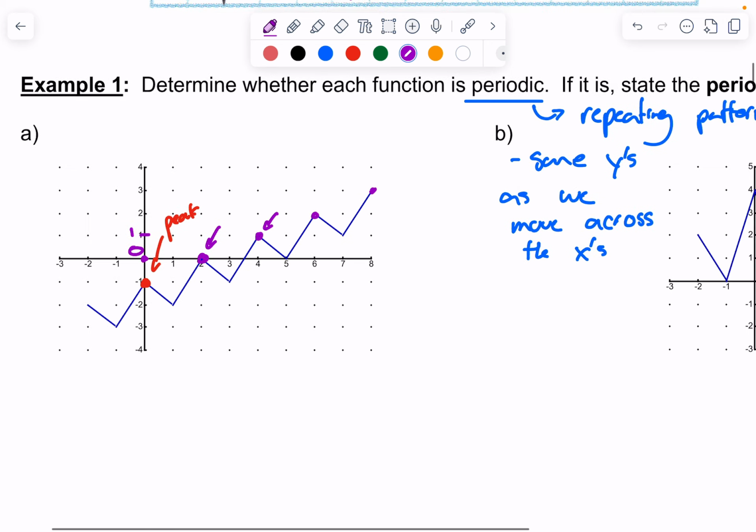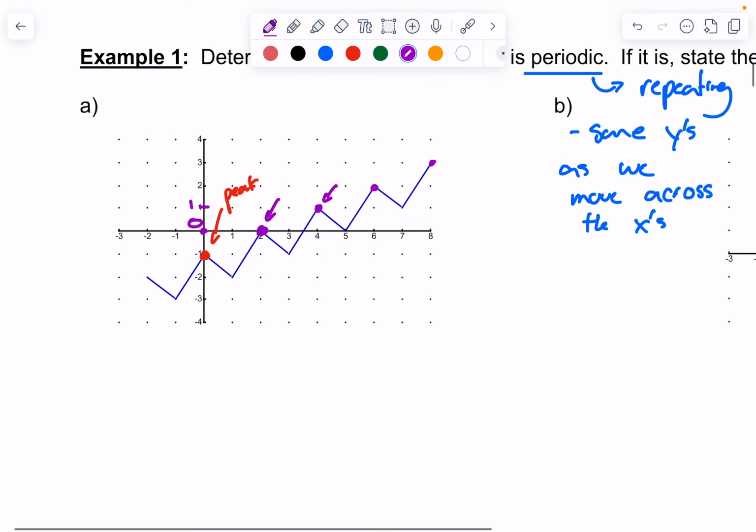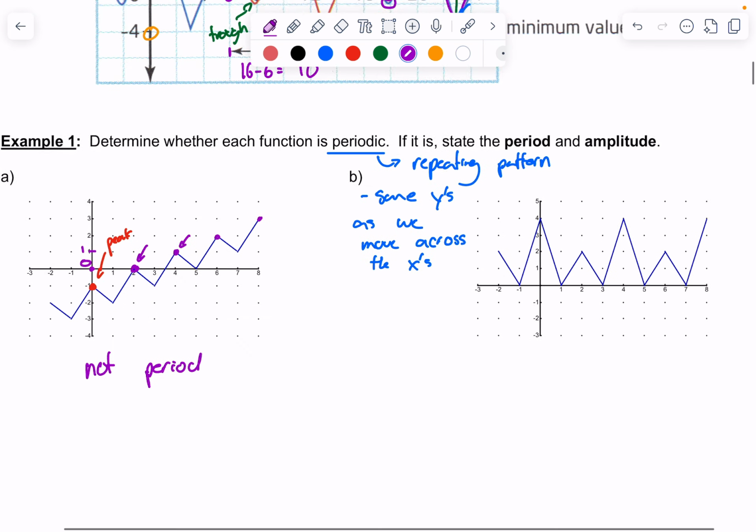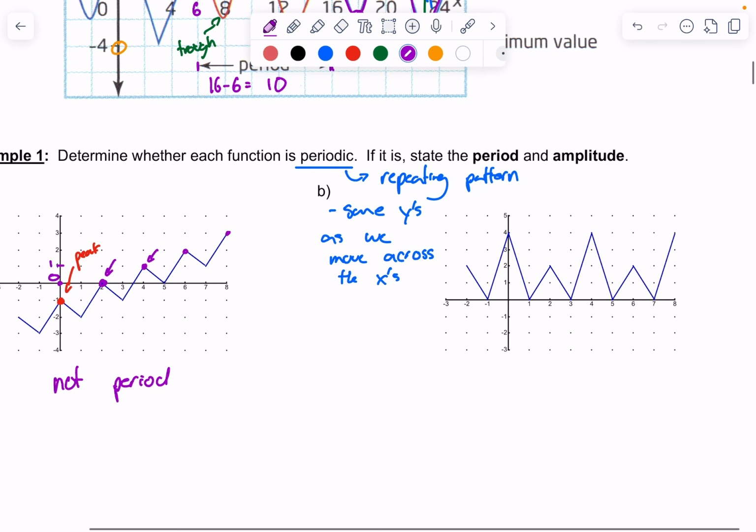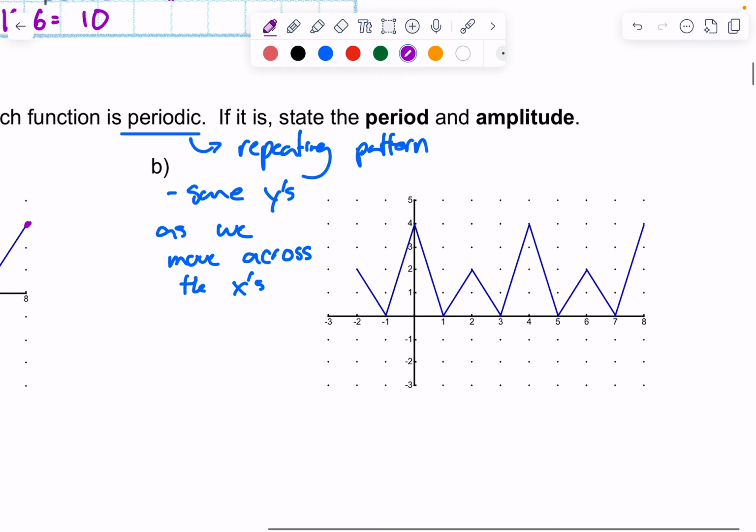So you need the same y's in order for it to be periodic. Well, this is not periodic. You do not have the same y occurring as you move across your x's. So because it's not periodic, we don't have to state the period or amplitude. You can't.